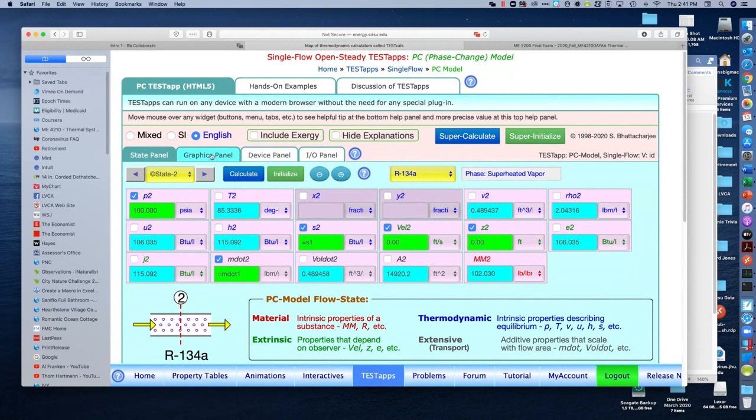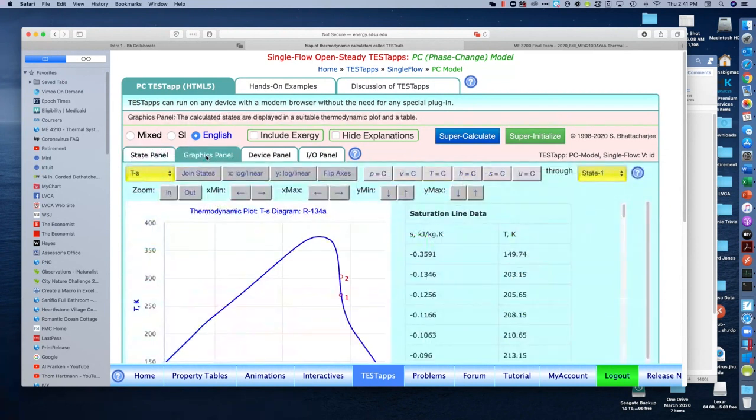And so if we wanted to see what this looks like on the graphics panel, we can go to the graphics panel for the TS plot, and we see that state 1 is identified. You see it at a given temperature.